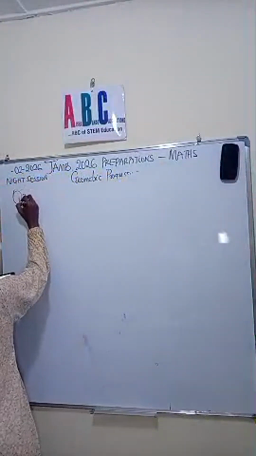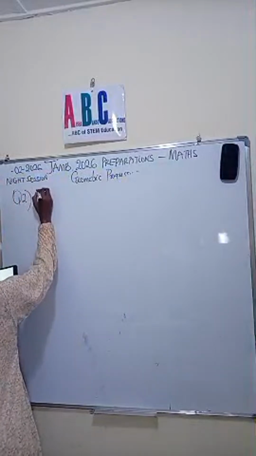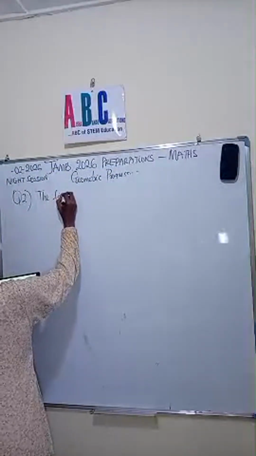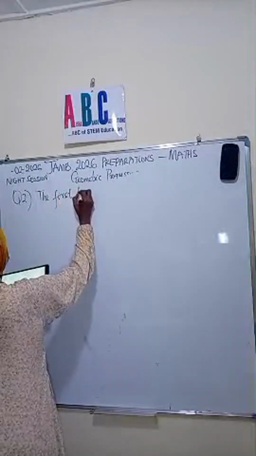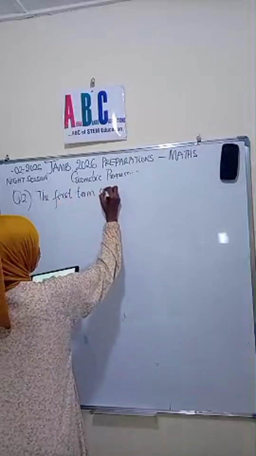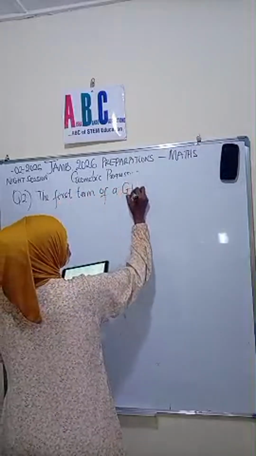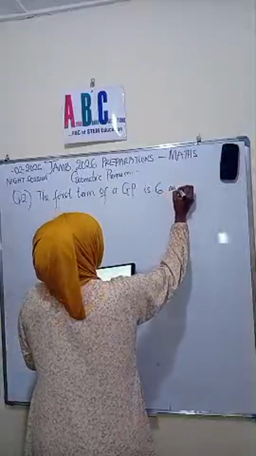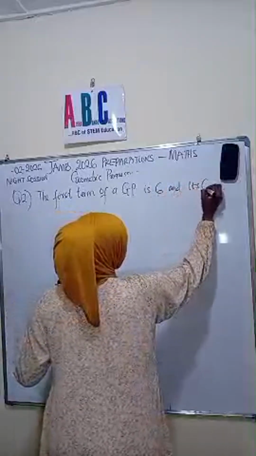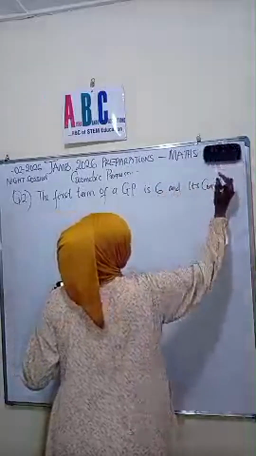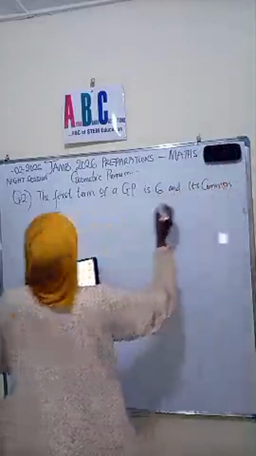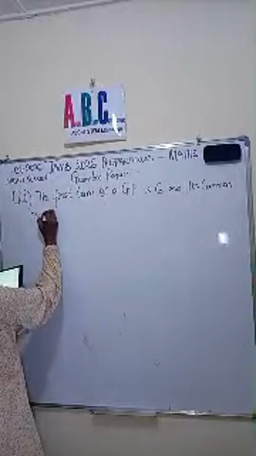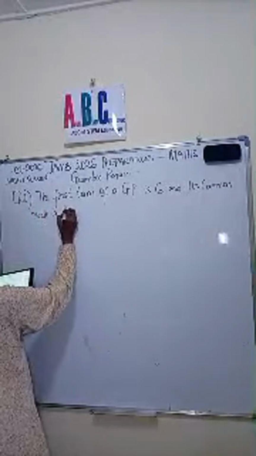So question 2. The first term of a GP is 6, and its common ratio is 3.